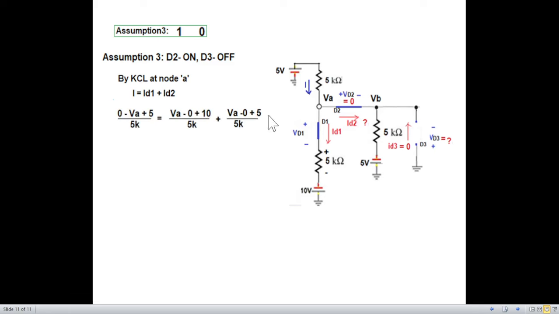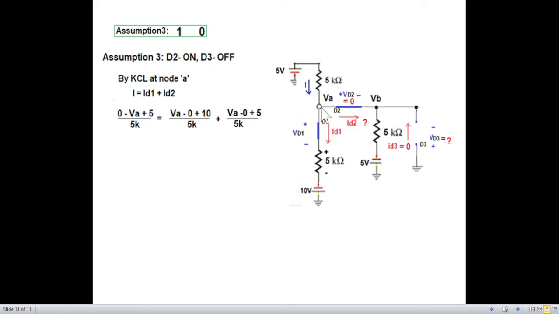And in terms of voltage, like nodal equation, we can write I is 0 minus V1, and this is adding to the current, therefore it will be plus 5 divided by 5K. Similarly, this one is coming VA from here, it is going down.